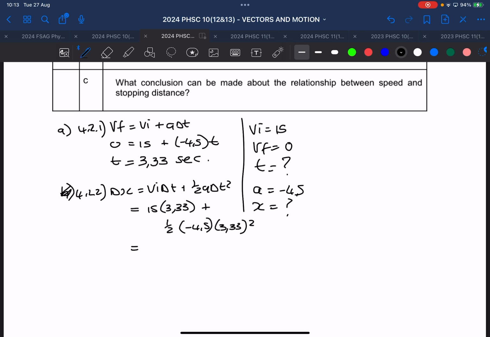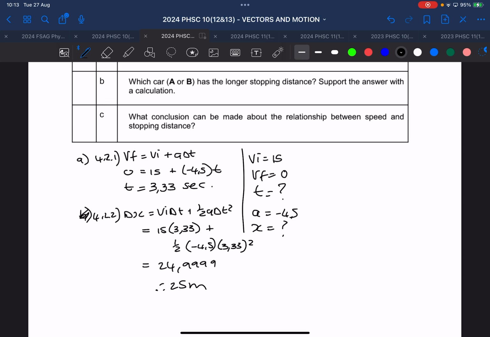Okay, so let's see if we get to the same answer. What did you get, Trust? Good. I got 24.999999999, which means 25 meters.